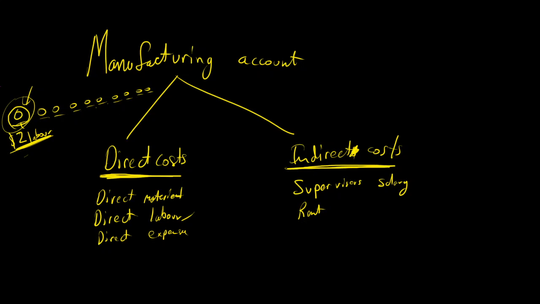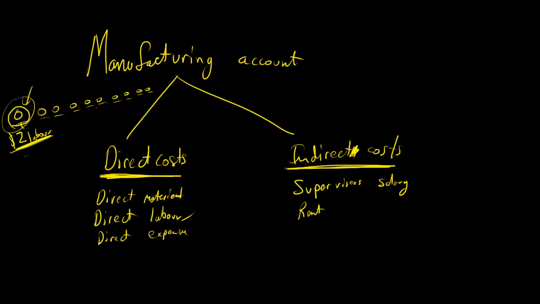with each unit, right? And there are some other examples. Let me think about some of them. Electricity, I guess. Yeah, electricity, factory power, the power used, the electricity used.